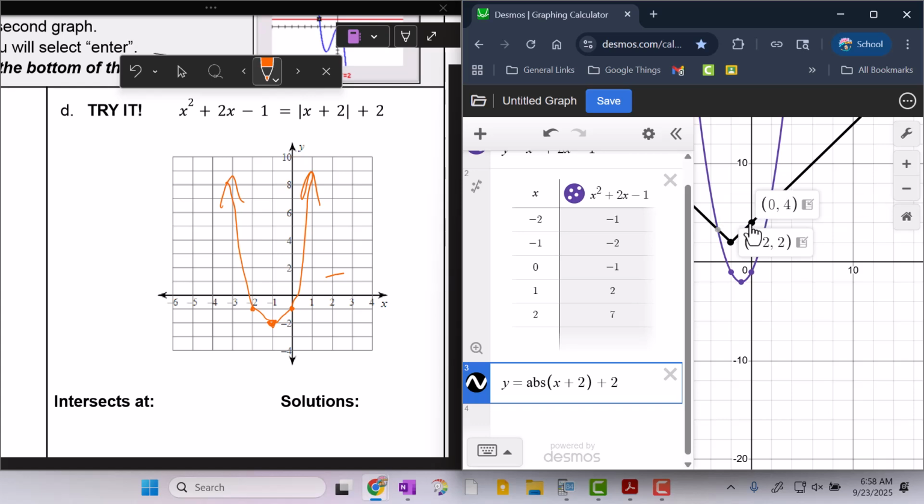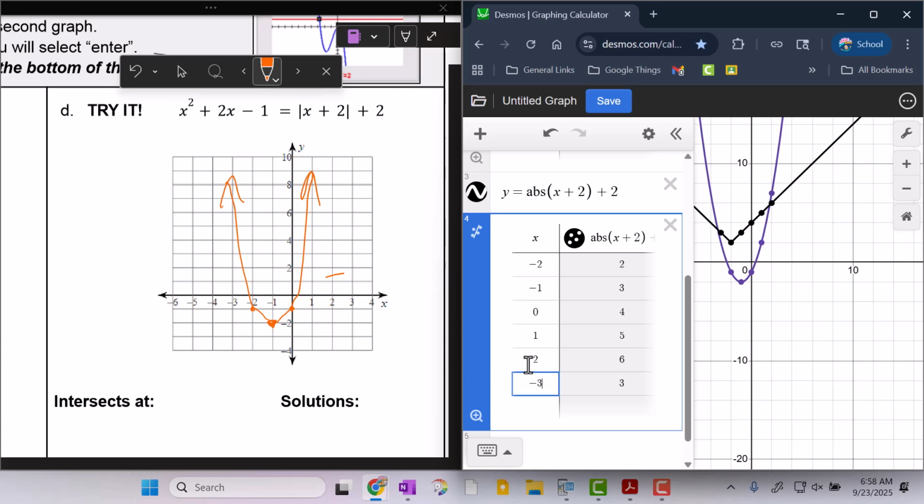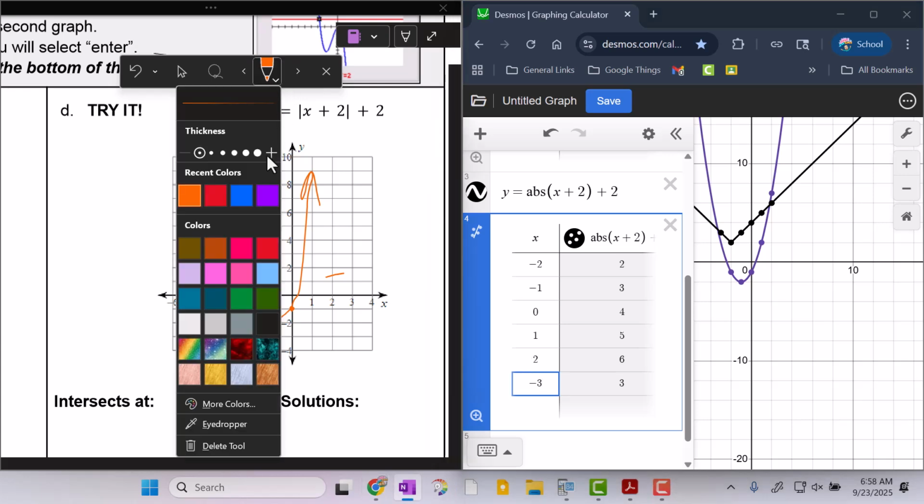So we have a couple points here. Get some more. Again, we want the vertex. We have it at -2, 2. So let's get -3 on here as well. So we can get the 2 points on either side of the vertex.